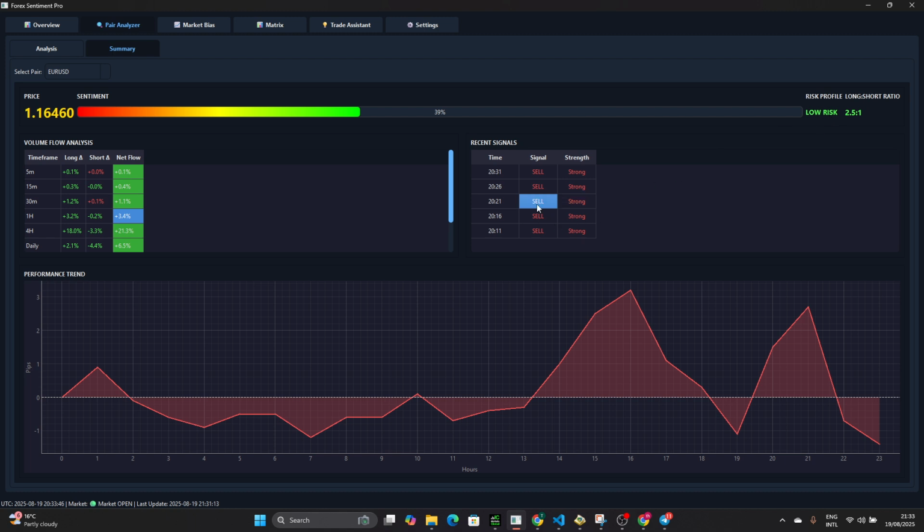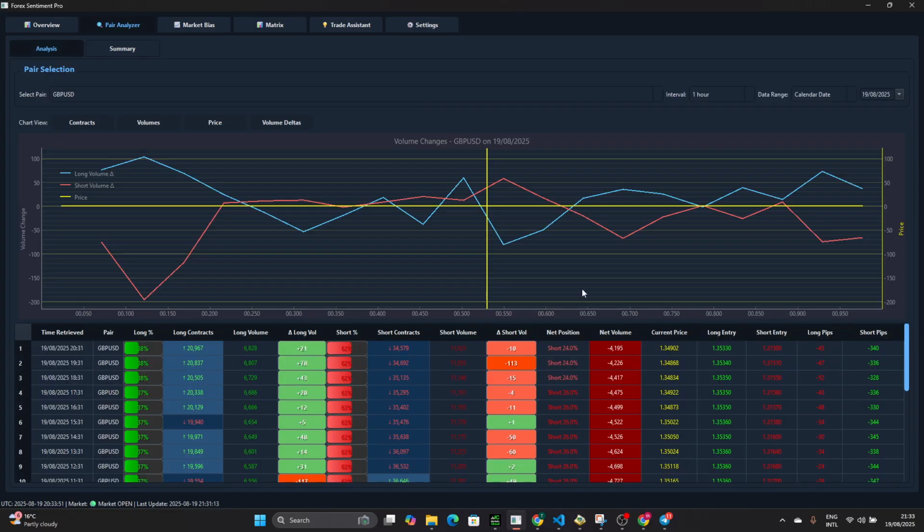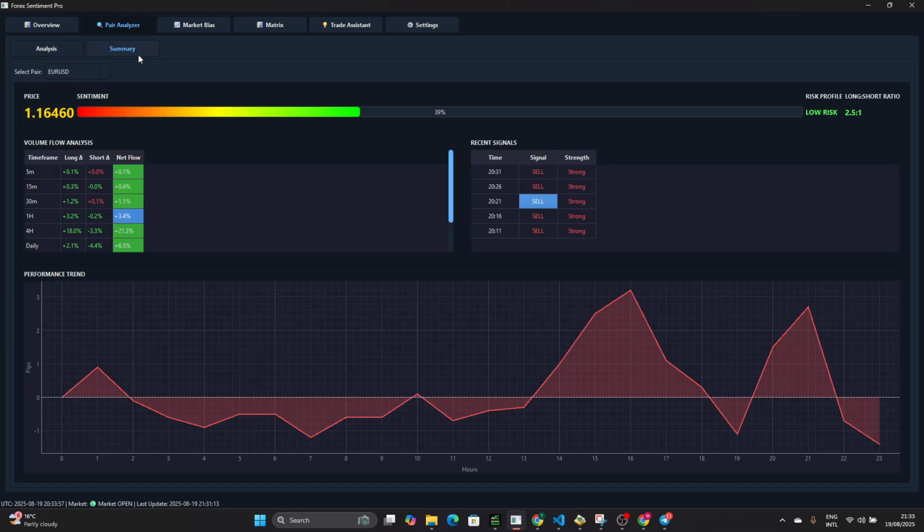That's where I will go with sell signals. And in one case, when I see the retail traders are going long or opening long positions, that's where you go short when you combine everything together.